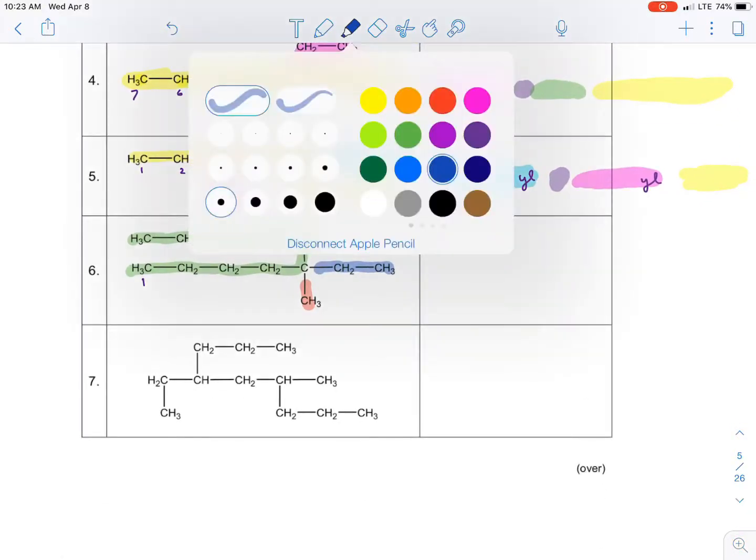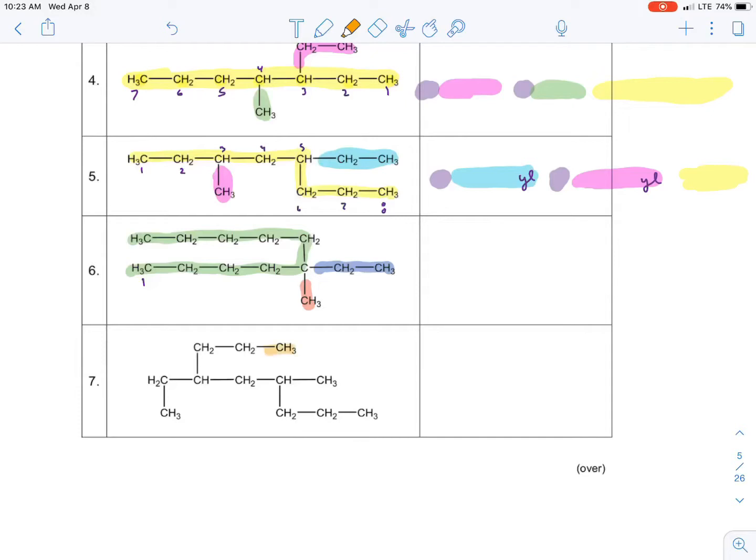Oh my goodness. And then we have whoop, whoop, whoop. Well, that's a fun one. Look at that. Who says you can't have fun? 1, 2, 3, 4. 1, 2, 3, 4. We have the same length. I'm going to start with number 1 here.